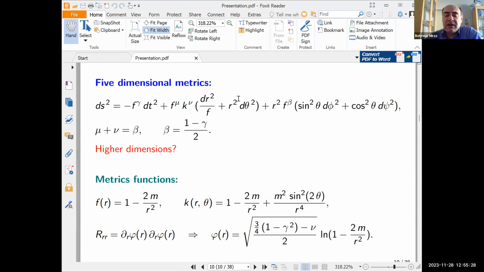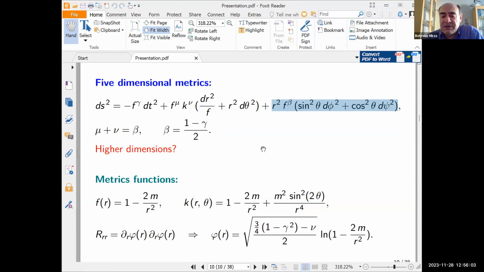It's interesting that we can generalize this type of metric to the 5-dimensional case in the Boyer-Lindquist coordinates, written here. But there is something strange with this metric. It's completely hard to find it in other angular coordinates, in different 3-dimensional angular coordinates. We can write them in a different form rather than this form.